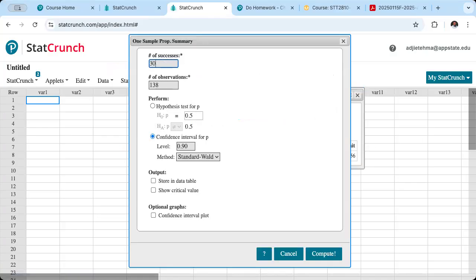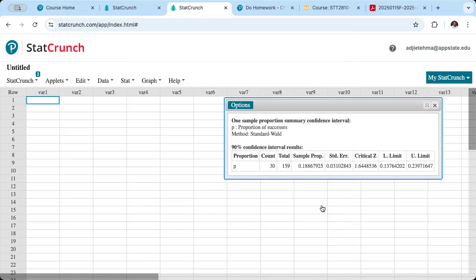You could put anything here, I could put 30, I could put 150 or 159, anything. I want 90% confidence, so I just choose show critical value. I make sure here it is 90, and I click on this one here. So my critical value, Z, is 1.64485. Does that make sense? You see, I want to pick the Z. Okay. So now let's proceed.